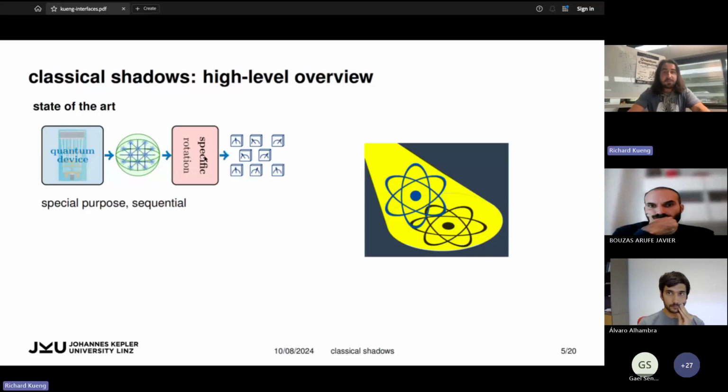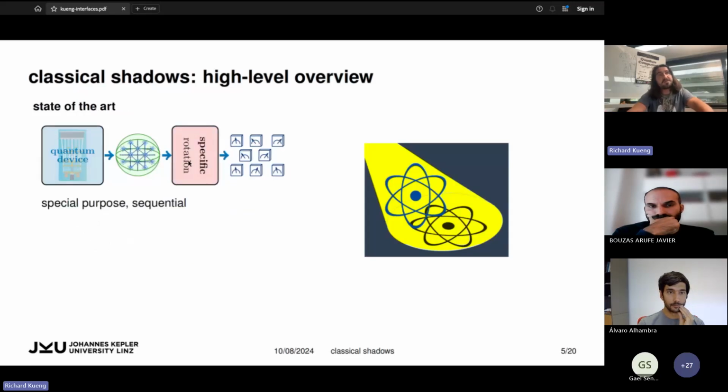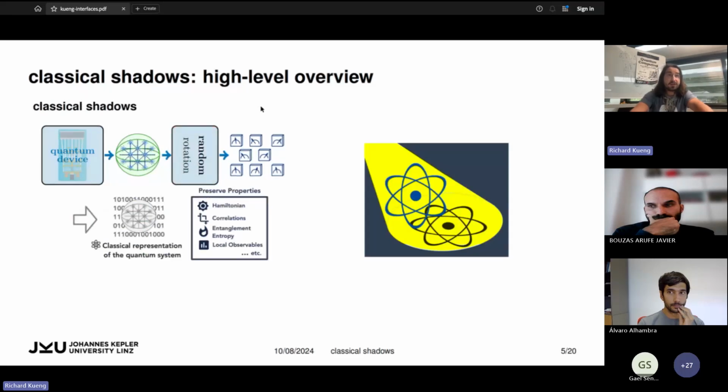And what we came up with a couple of years ago is an idea that might sound crazy, but we replace these handcrafted specific rotations for a given observable with a random rotation. By this, my analogy is like Plato's cave allegory. It's a bit illustrated on the very right.